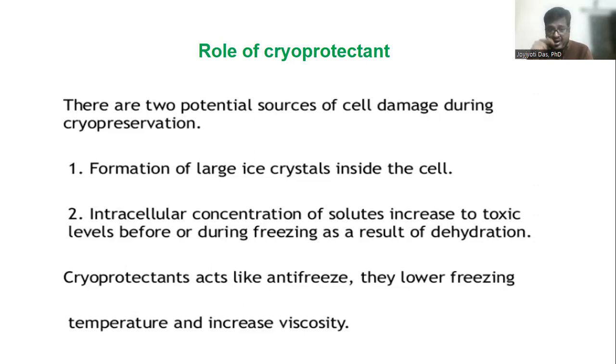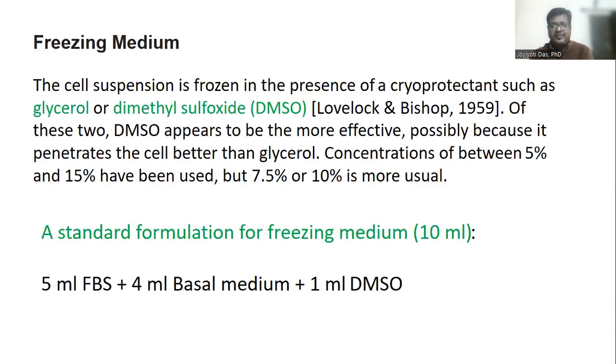Cryoprotectants here will act like an antifreeze, and they will lower the freezing temperature while increasing the viscosity of the entire liquid inside the cells. And they will prevent any cellular damage in the process.